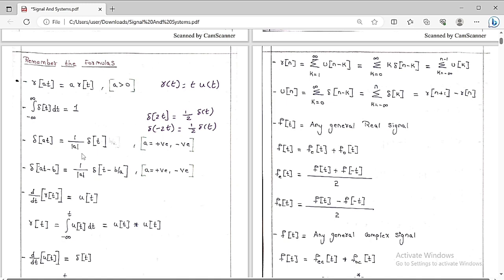From this we can say, as both the RHS are equal, the LHS is also equal. So delta of 2t is equal to delta of minus 2t, because as the RHS are equal, definitely the LHS are also equal.